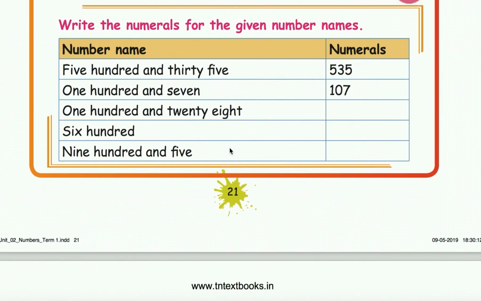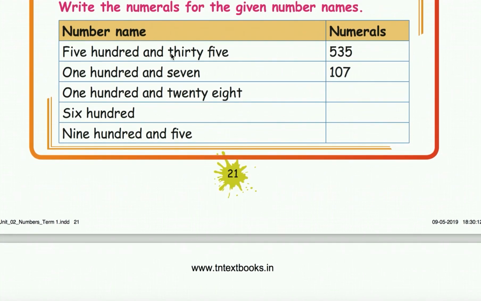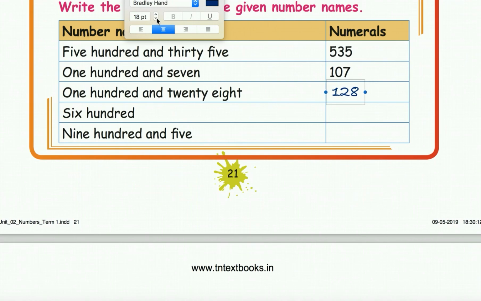Write the numerals for the given number names. Okay, 535, 107. Okay, let me write the remaining numbers. 128, that is 128. It is quite big, right? Let me reduce the size. Now it is fine.